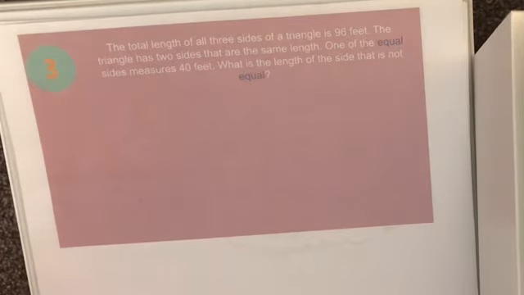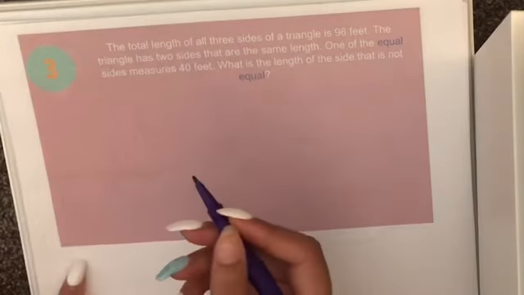Here we go. The total length of all three sides of a triangle is 96 feet. The triangle has two sides that are the same length. One of the equal sides measures 40 feet. What is the length of the side that is not equal? Let's read it one more time.